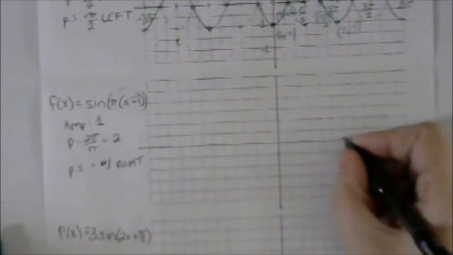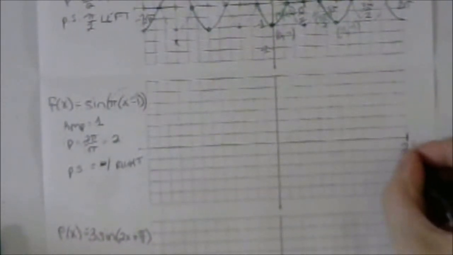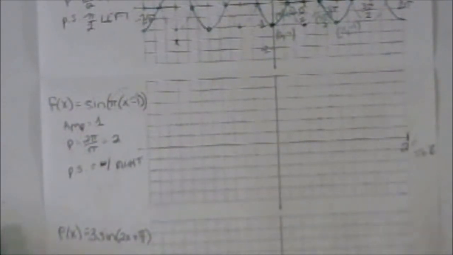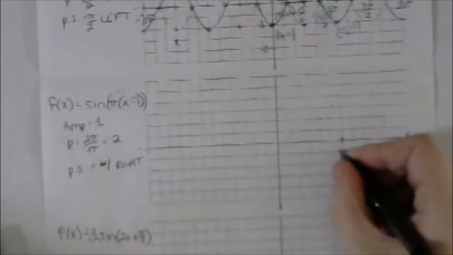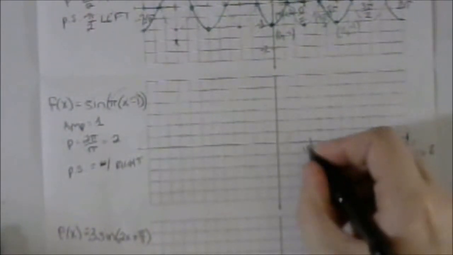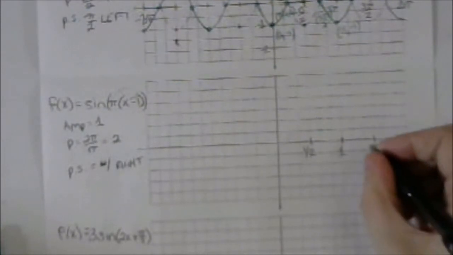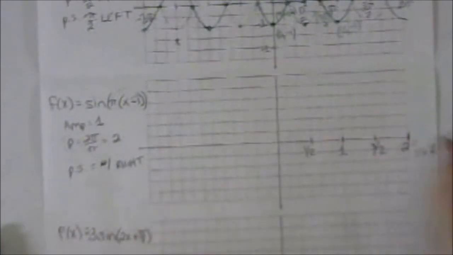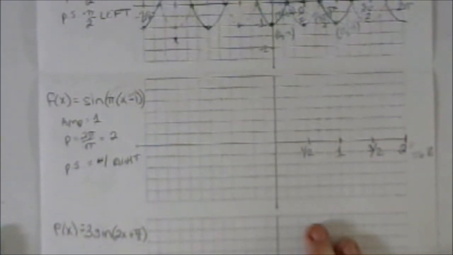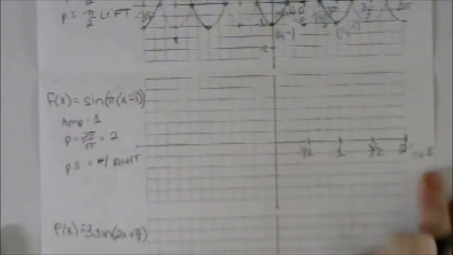Instead, I'm going to relabel my graph so that the last point is 2. That means the midpoint is 1, 1/2, and 3/2. Compare this with the scale we used before. By dividing out the pi, I'm using the same values just without pi.